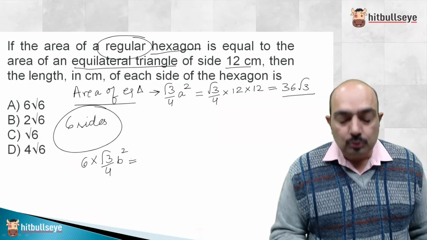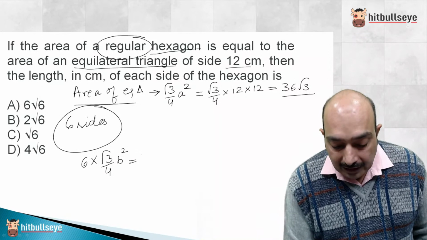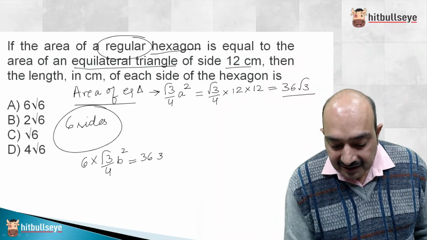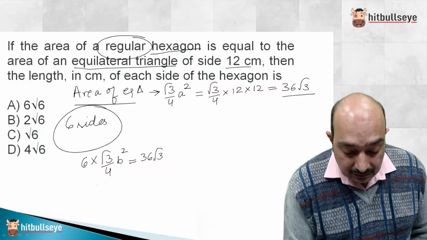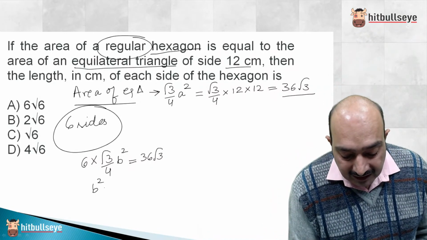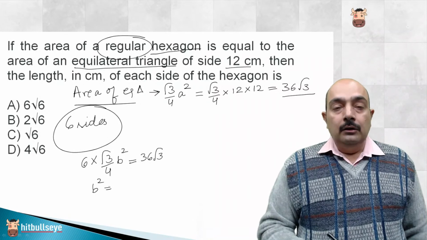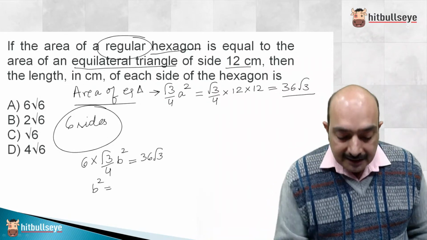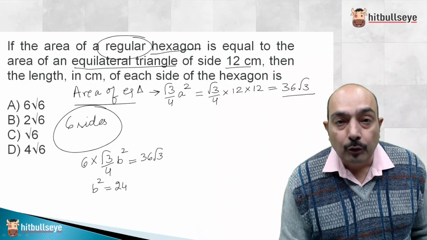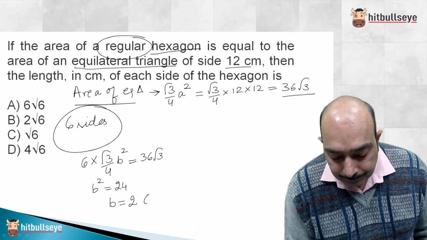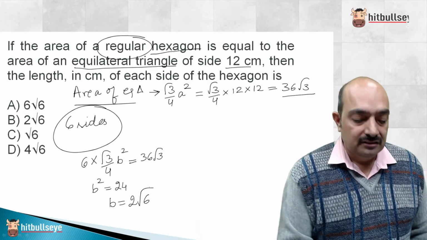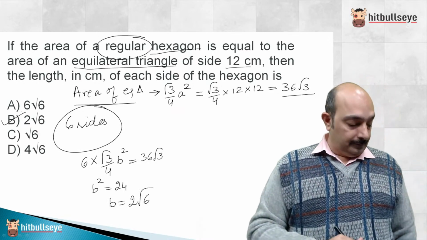So 6 into root 3 by 4 b square happens to be equal to 36 root 3. Yes. So don't you think from this we are getting the value of b square as 24? That tells you directly that b would be 2 root 6, which is your second option.